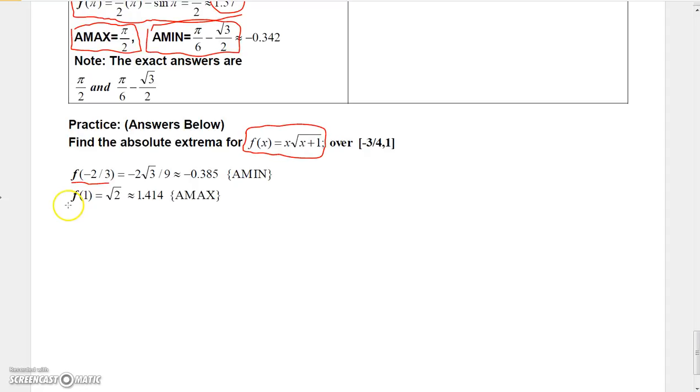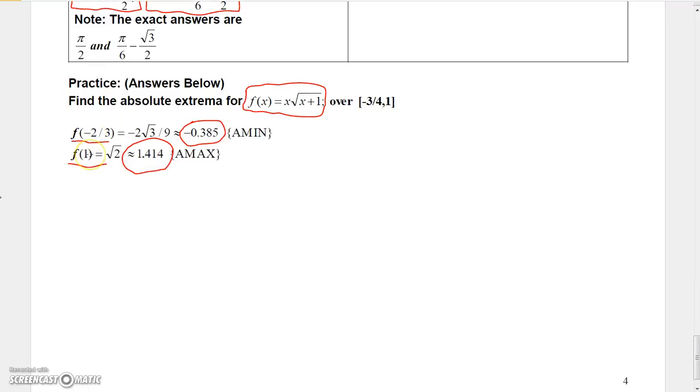And then when I evaluated at the other endpoint at 1, I got square root of 2. So I didn't list what I got at negative 3/4 because that wasn't a maximum or minimum. But you can verify that at negative 3/4 you get a number between these two numbers, so therefore you're not going to get a maximum and minimum at those values.